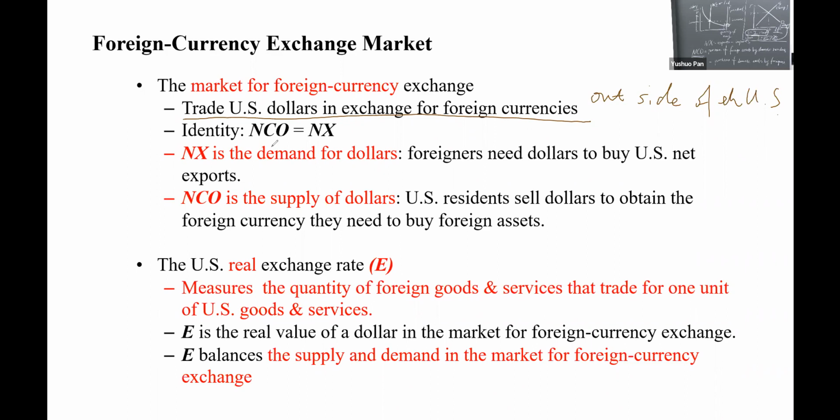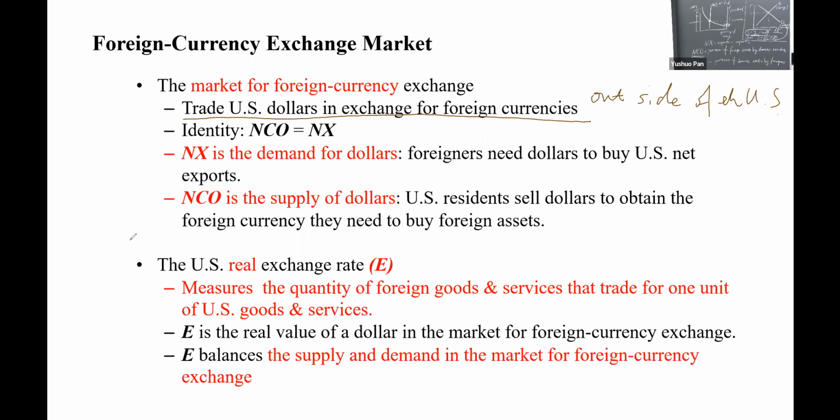We have the identity NCO equals net exports. Net exports is the demand for dollars. Foreigners need dollars to buy the US net exports. And the NCO is the supply of dollars.